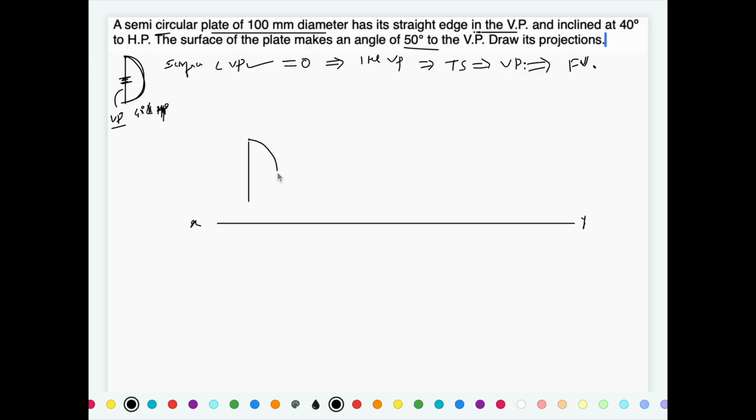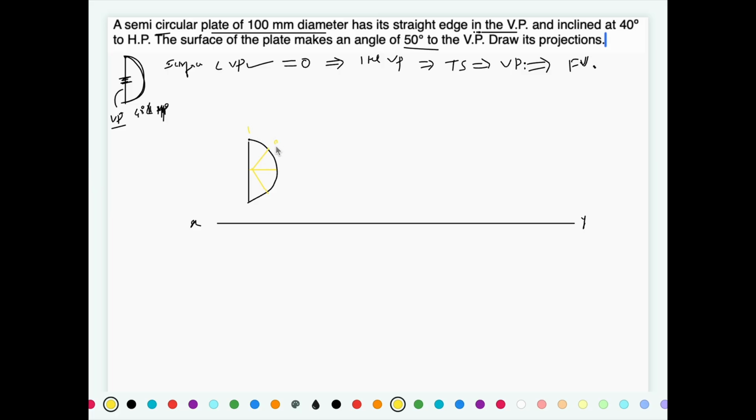I need to draw this semicircular plate. Once you have drawn this semicircular plate, let's split this plate into equal divisions.